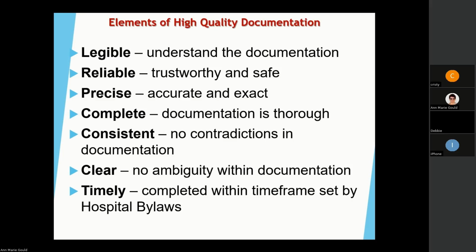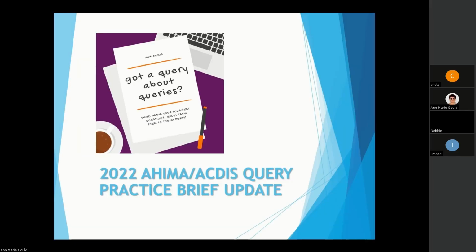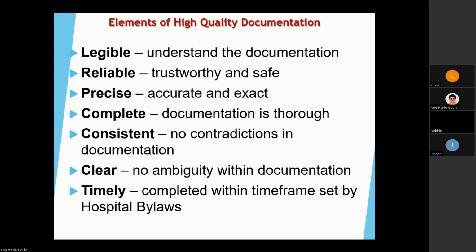Now, hospital bylaws are different in every hospital. Some hospitals, like for the discharge summary, give their providers up to 7 days to complete it. Other hospitals will give their providers up to 2 weeks. So you definitely want to keep an eye on that.